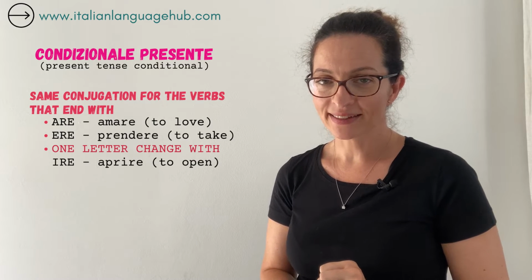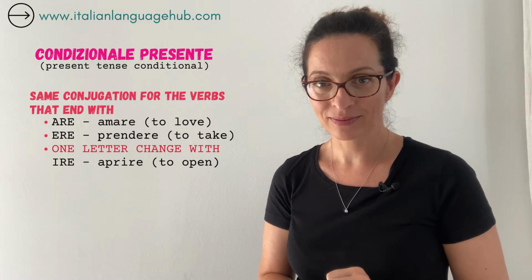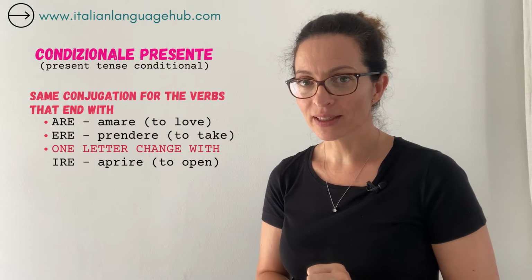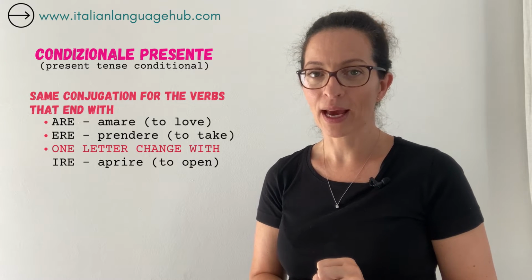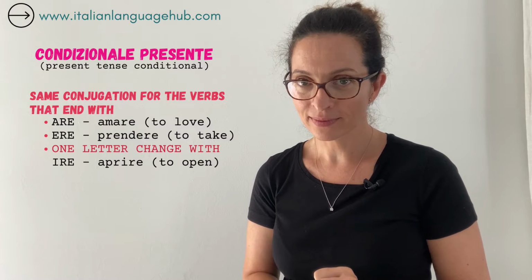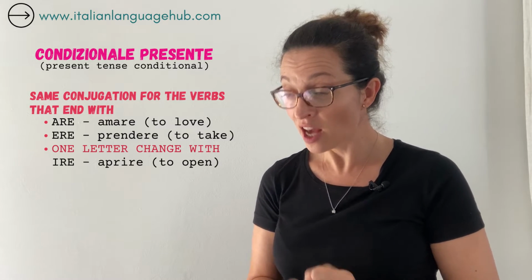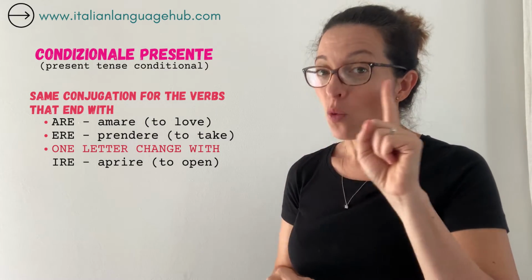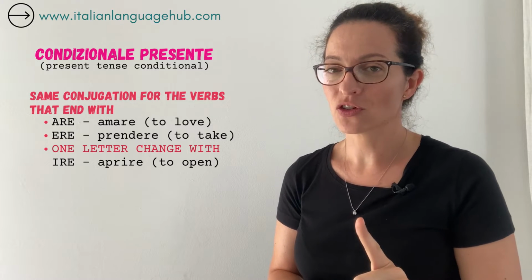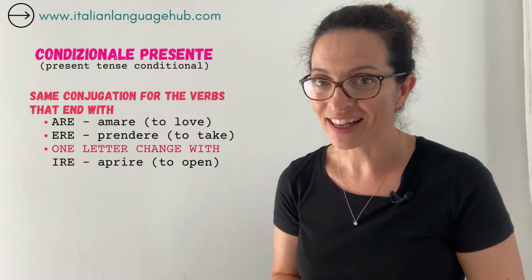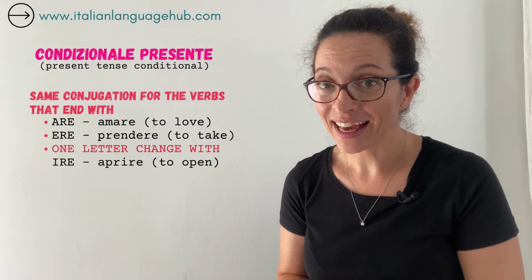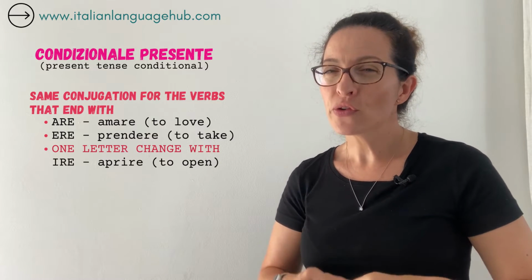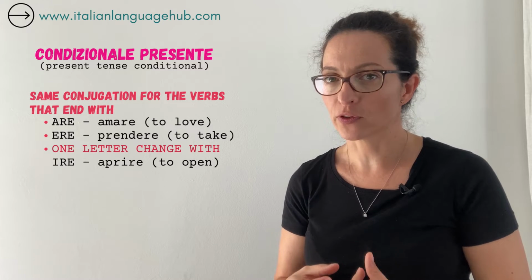The verbs that end with are, like amare, and the verbs that end with ere, like prendere, have the same conjugation. Yay! And there is a one-letter change with the verbs that end with ire, like the verb aprire. So the form is not super difficult to remember.